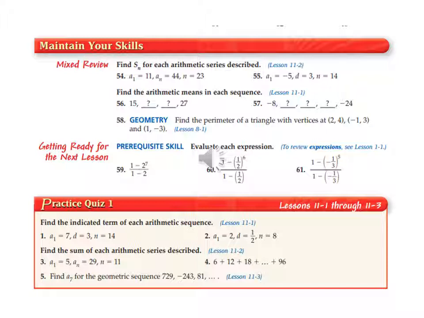Maintain your skills. Mixed review, also a direct practice, a direct application, direct exercises about the geometric sequence, the geometric series, the meaning of geometric sequence, the meaning of geometric series, the nth term of a geometric sequence, and the practice quiz 1.